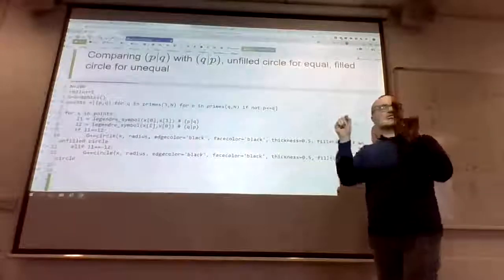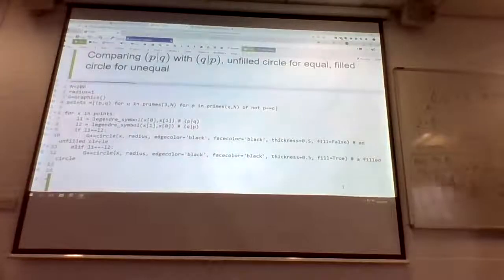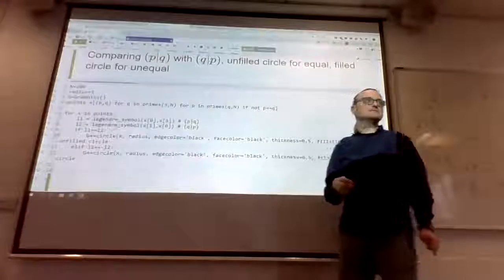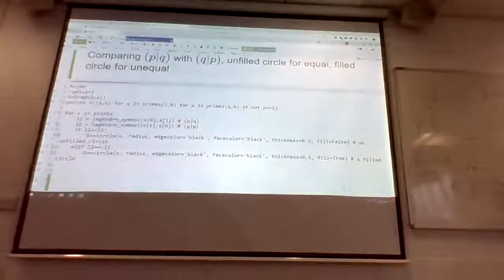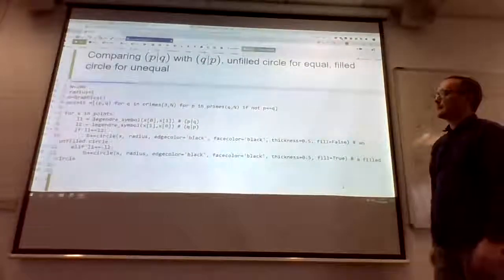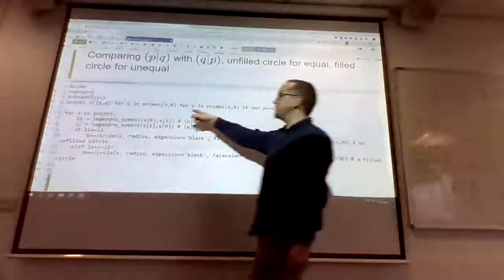If they have different status, if one is a residue modulo the other, and the other is a non-residue modulo the first, then I'm going to fill in the circle. So this pattern of points will reveal whether or not we have symmetry across the diagonal, and exactly where we do have symmetry. So the code is we gather these points.